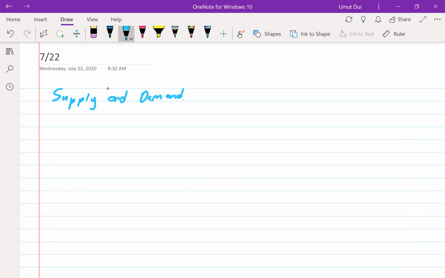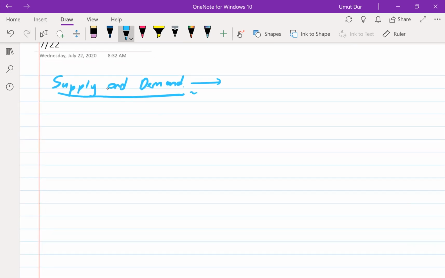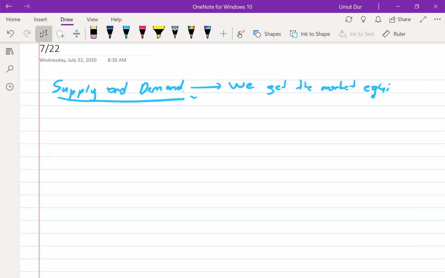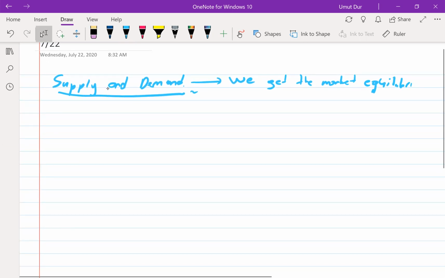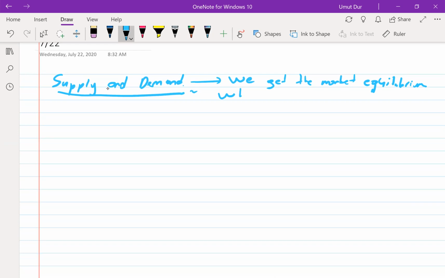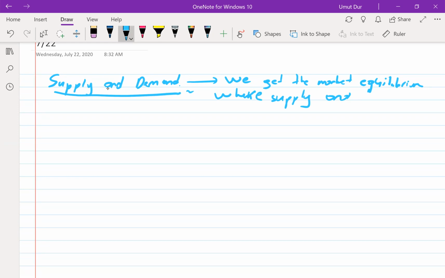Okay, so the very basic thing that we know about supply and demand is that we get the market equilibrium where supply and demand intersect.